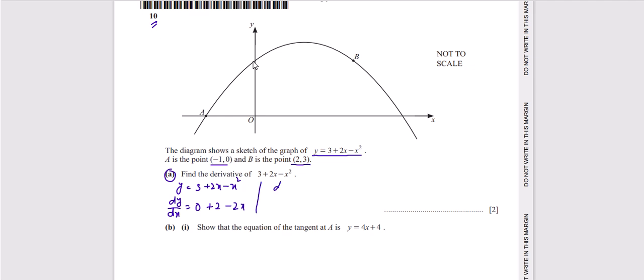So dy over dx is equal to 2 minus 2x. This is final answer. 2 minus 2x.